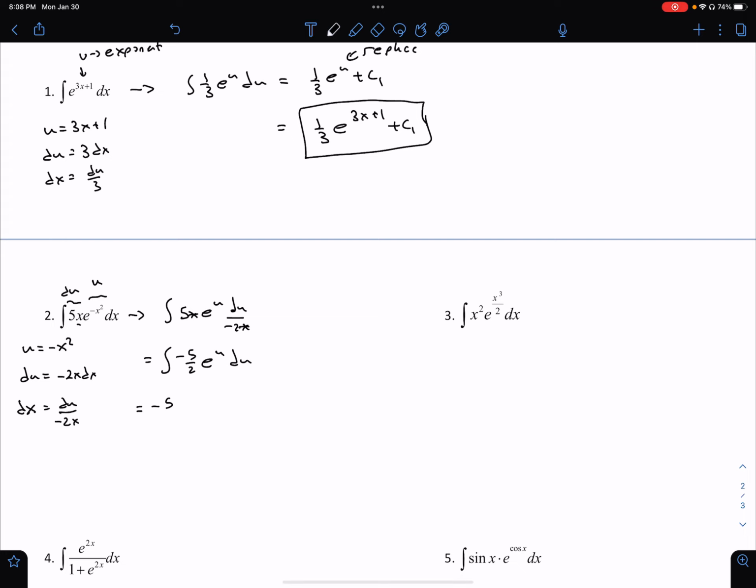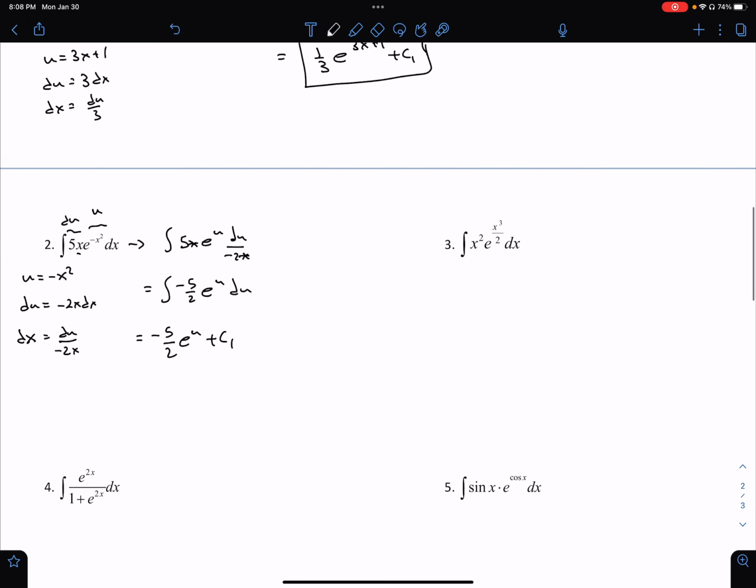When you write your answer, we get negative 5 halves times the antiderivative, e to the u is just e to the u plus c. And the last thing we're going to do is replace u. We get e to the negative x squared because that's my u. Plus our constant of integration. And there's our answer.